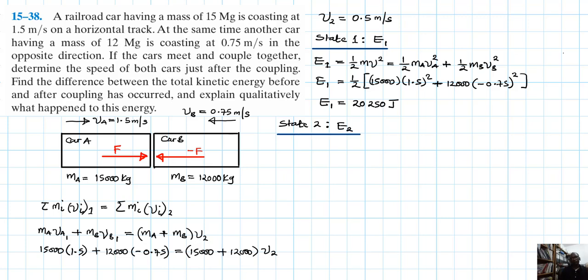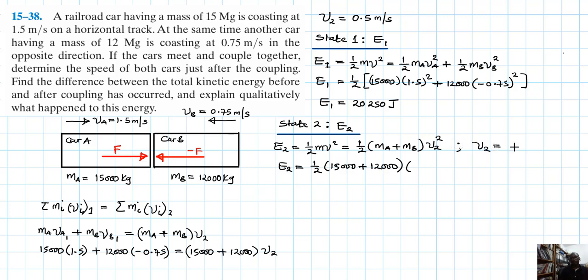E2 is equal to half m v squared, which is equal to half times MA plus MB, times V2 squared. So we have half times 15,000 plus 12,000, times V2, and here we found our V2 is equal to 0.5.